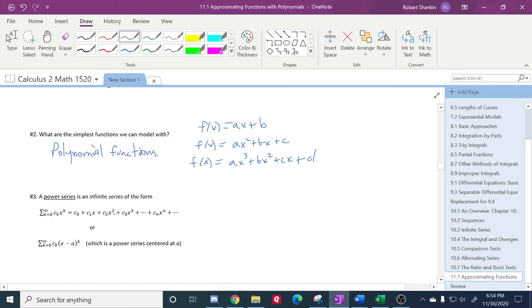So it's really easy to write in summation notation, c sub k times x to the k. Or we do this slightly differently with x minus a raised to different powers. And this is a power series centered at a.